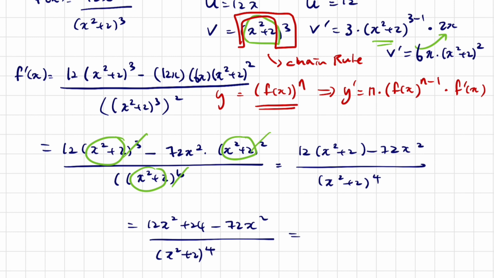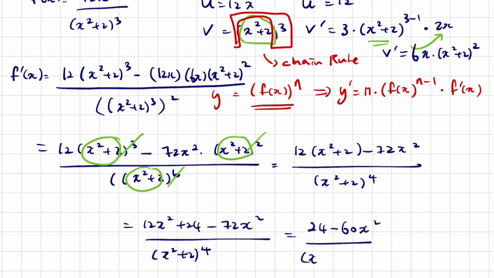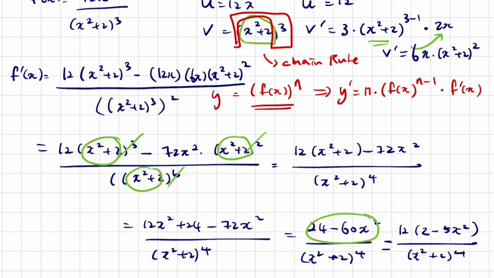This is the same as 24 minus 60x squared over (x squared plus 2) to the power of 4, and this can be simplified as 12 times (2 minus 5x squared) over (x squared plus 2) to the power of 4.